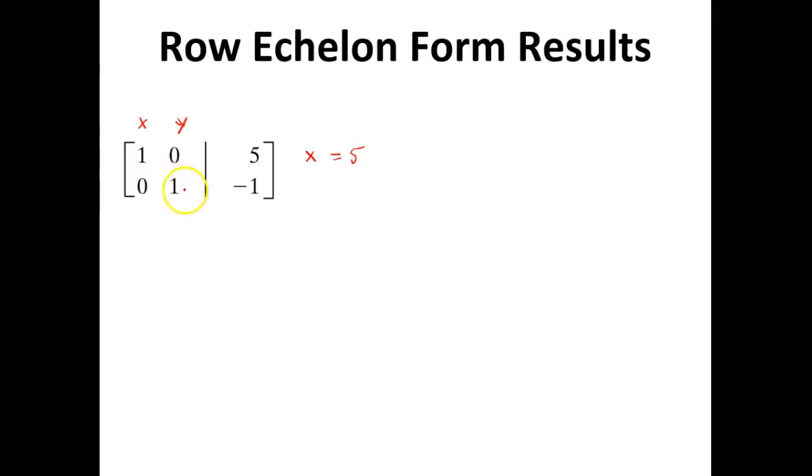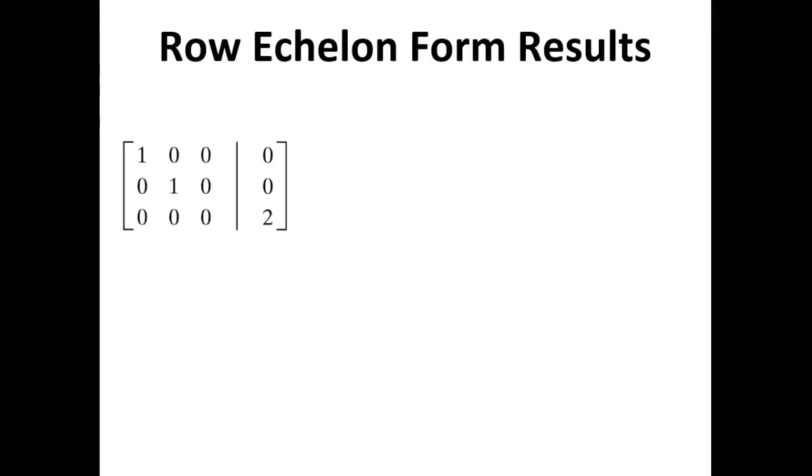The second one is telling us this is our y's, no x's, so y is equal to -1. This tells us that our solution to whatever the system started as, so there were probably a bunch of equations before this, that system of equations has a solution of 5, -1.